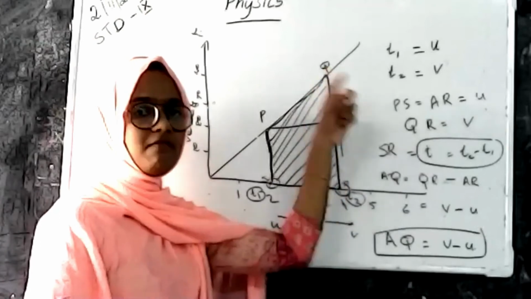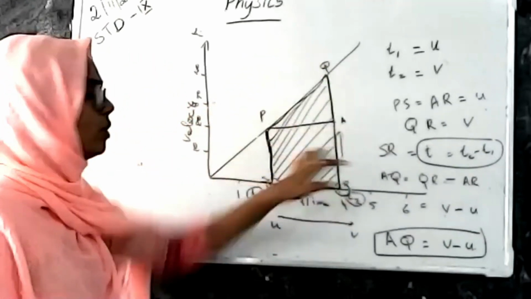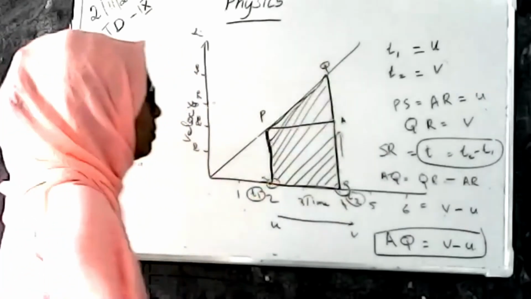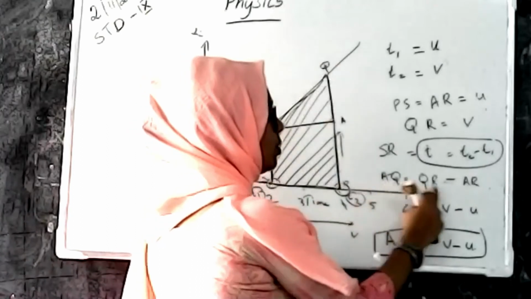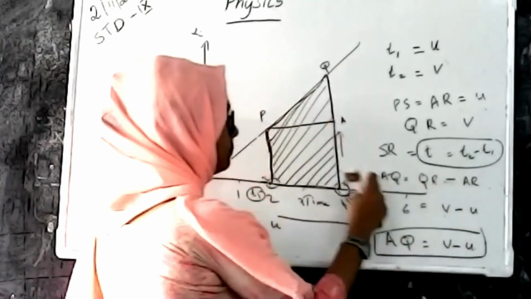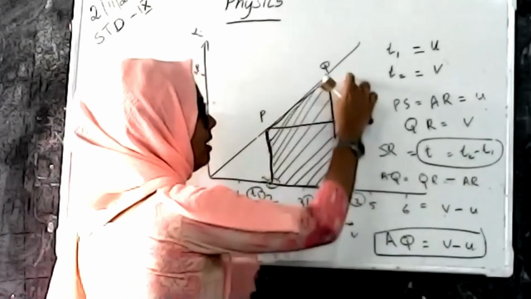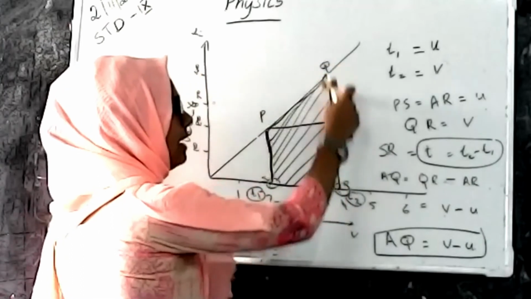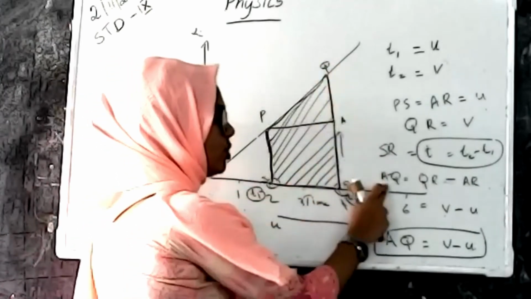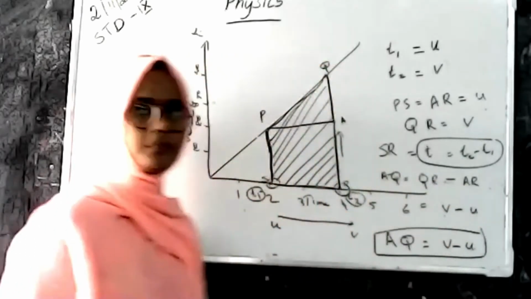AQ is a part of QR, and AQ is equal to QR minus AR. The length of QR minus AR gives the length of the side AQ.